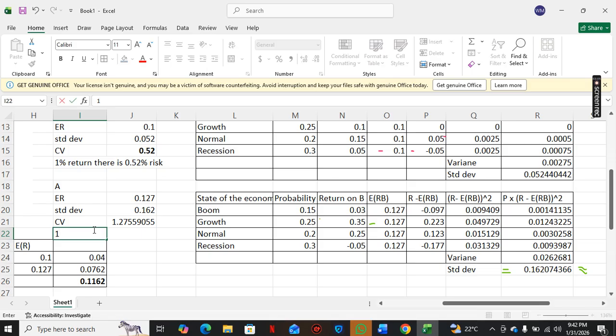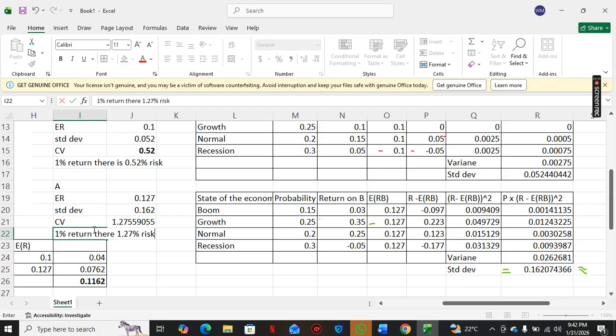So for every 1% return, there is 1.27% risk. Okay. For every 1% return, there is 1.27% risk.